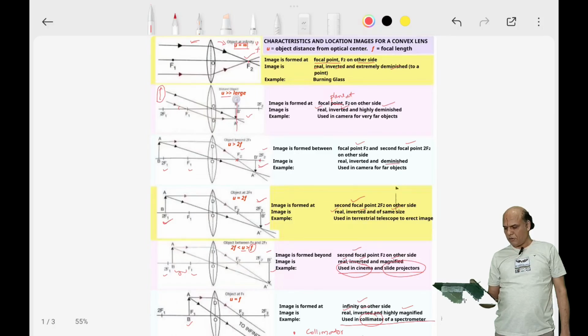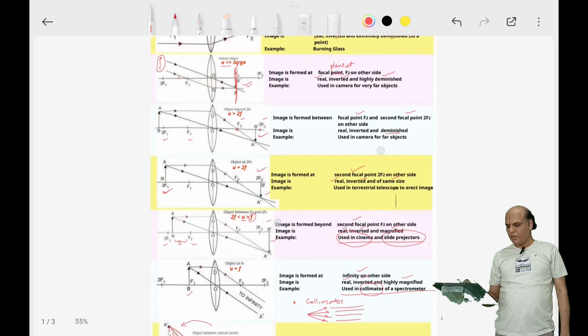At the focal point, if you draw a focal plane, the image is formed on the focal plane. Here the image is highly diminished, real, formed on the other side, and inverted.